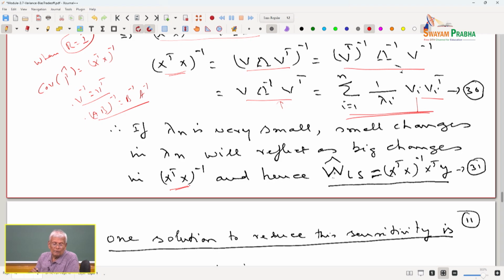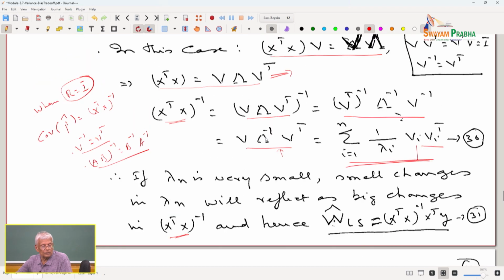Okay, one change in notation: instead of beta I should have said W. So, W is equal to beta. I am considering Z equal to XW. So, instead of beta, please change it to W. So, W least square hat is the least square estimate of the weight.